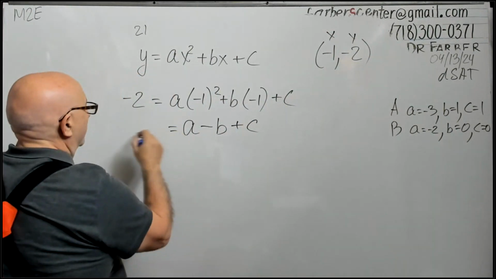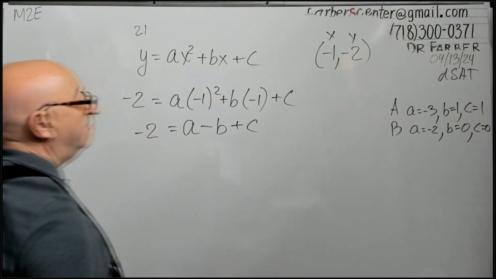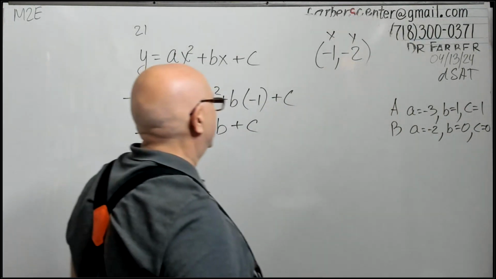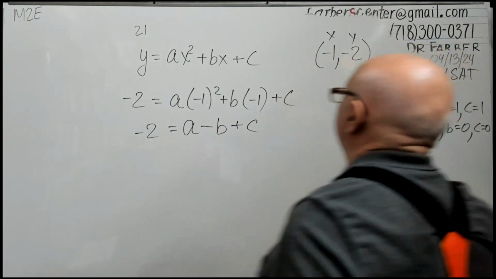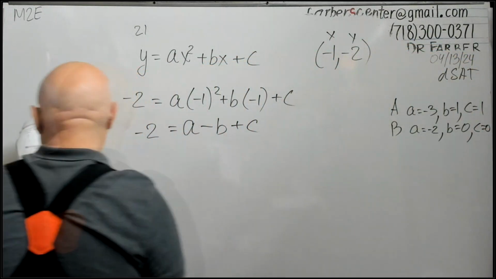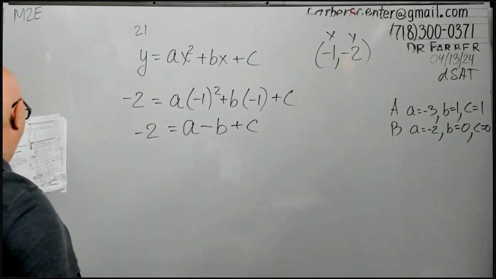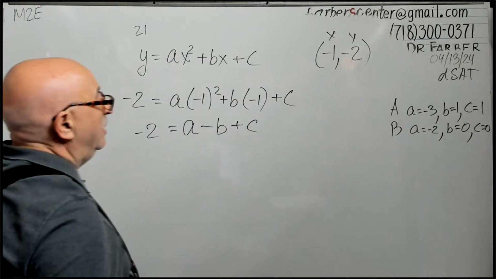And this equals negative 2. Check any of these. Put in this expression and see which number we have in the multiple choices. We have C and D, but all of these are similar.